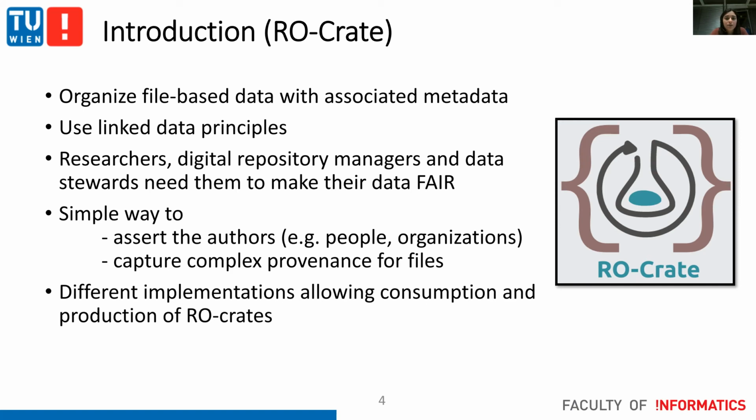For example, there is software and equipment, and there are also many other uses. There are different implementations which allow the consumption and production of RO-Crates. For example, there is a Python library called ro-crate-py, which allows the creation and the use of RO-Crates. And there are many other implementations.